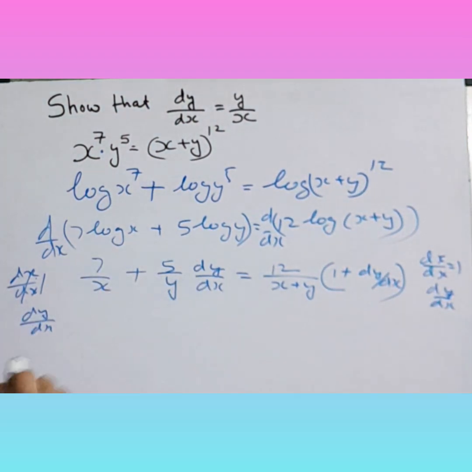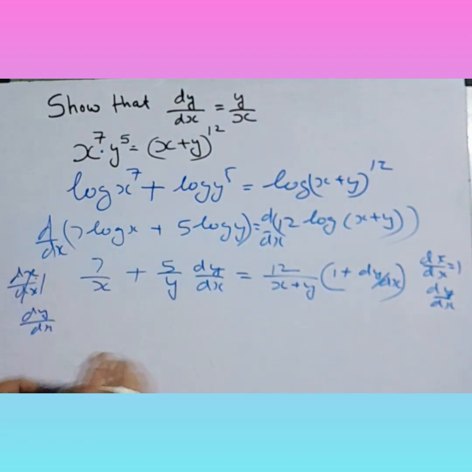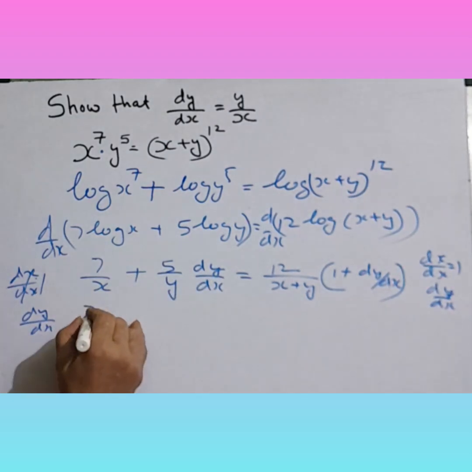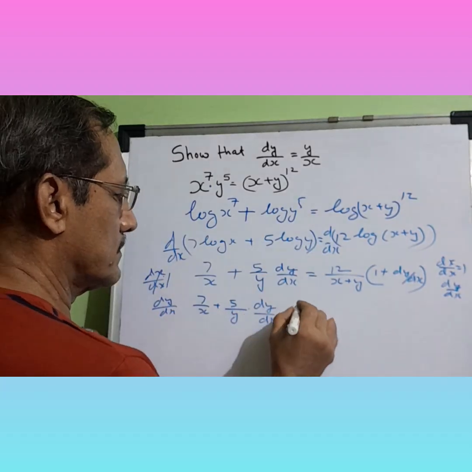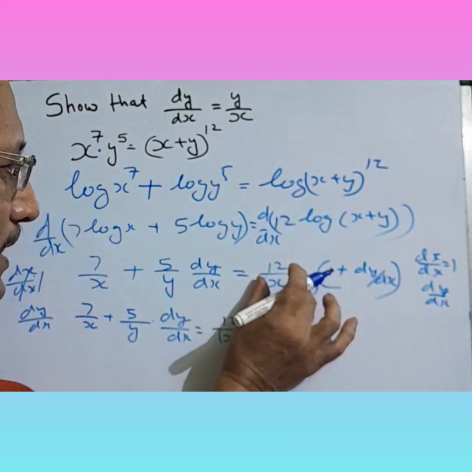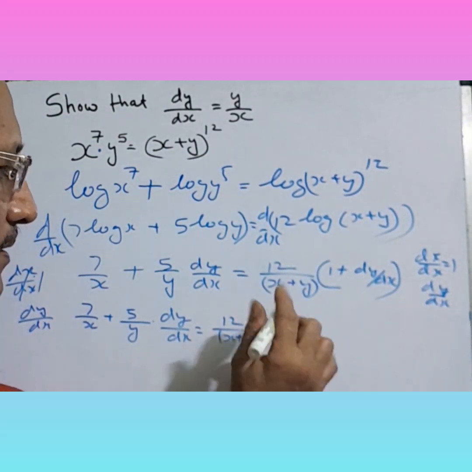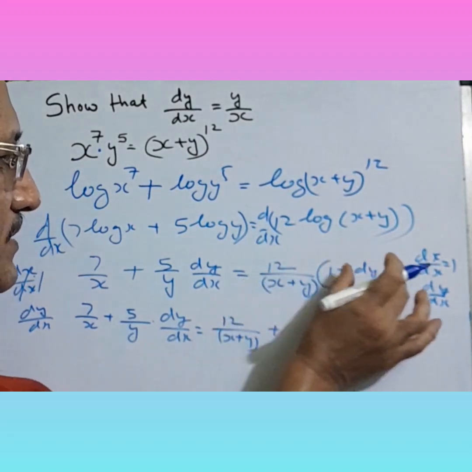Okay, so we got this. After this, what's the next step? Next, we have got to take all the dy by dx terms on one side, but prior to that we need a step: we have got to open the bracket. So I multiplied this with this, so it was the same, plus now I multiply this with this.